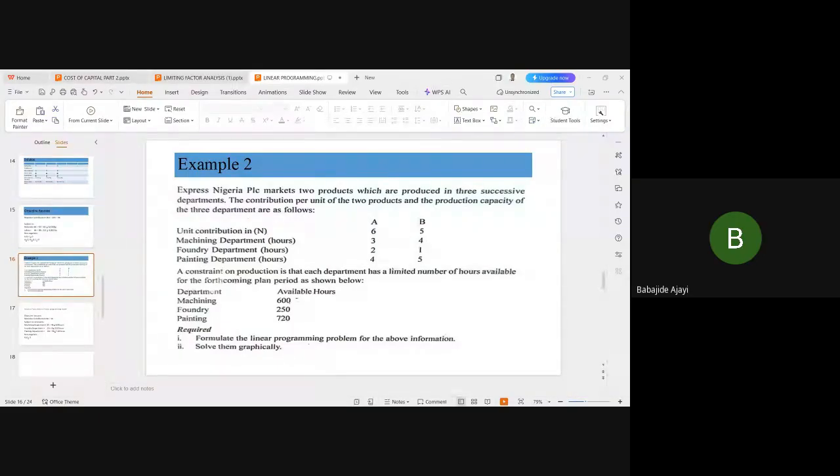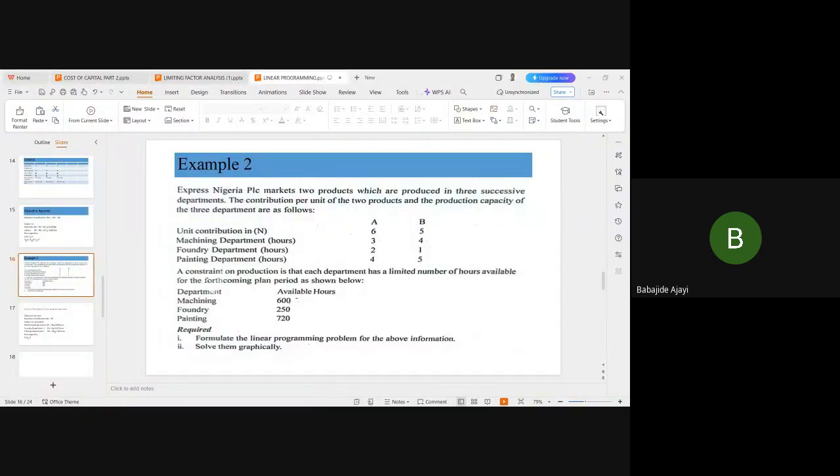Okay, sir. Thank you. So now, in this question, it is very obvious that the limiting factor is labor hours, as opposed to the other question, which has both labor hours and materials.